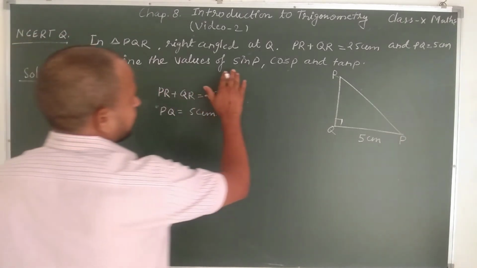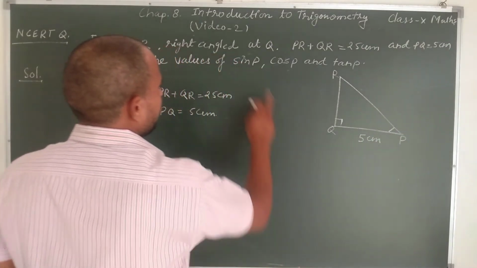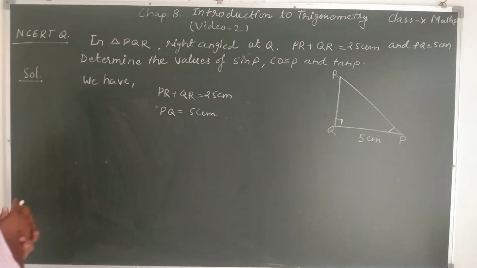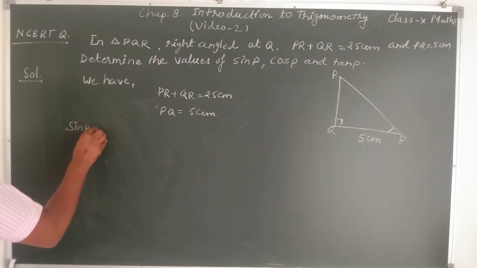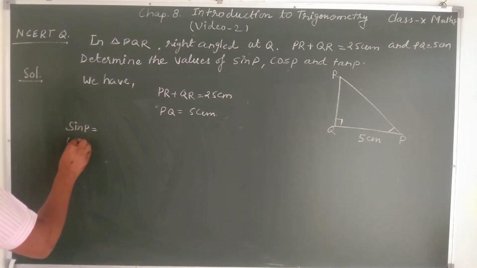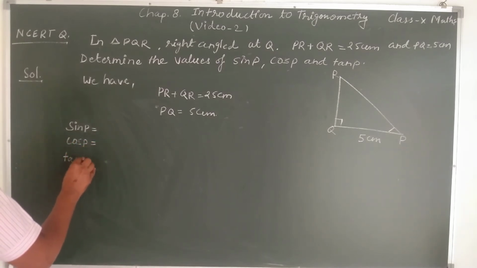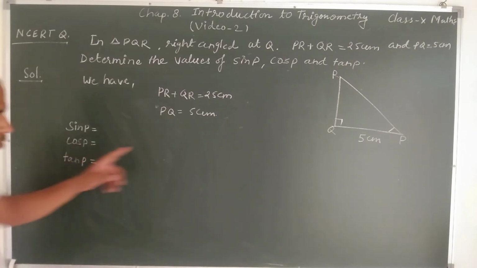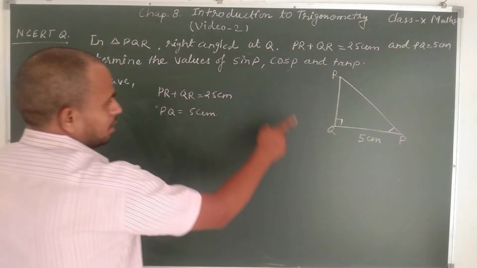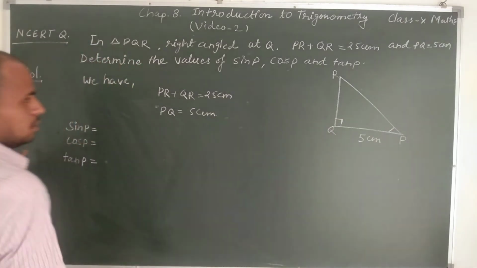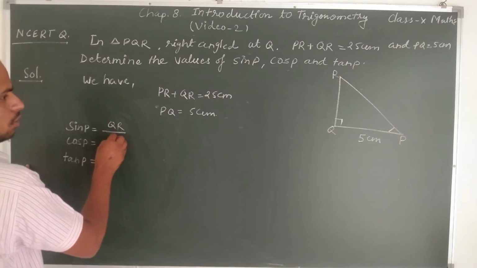And we have to find sin P, cos P and tan P. According to this figure, sin P is perpendicular upon hypotenuse, which means QR upon PR.